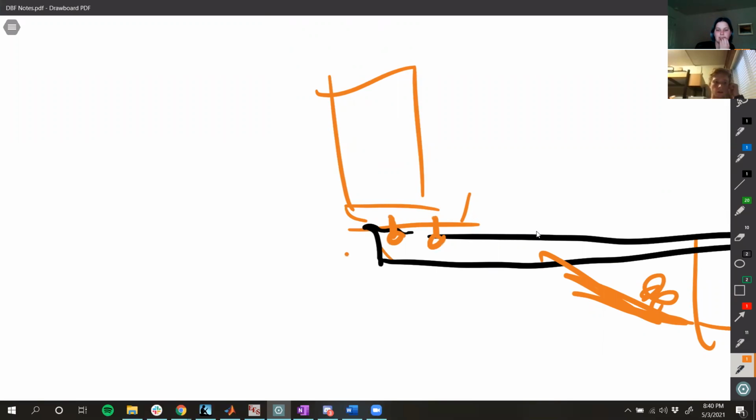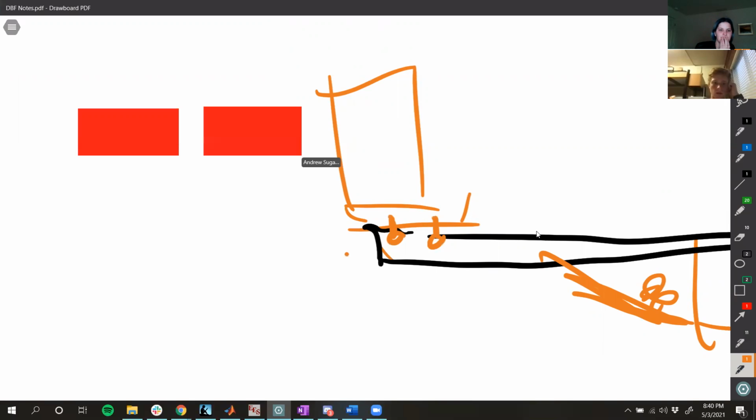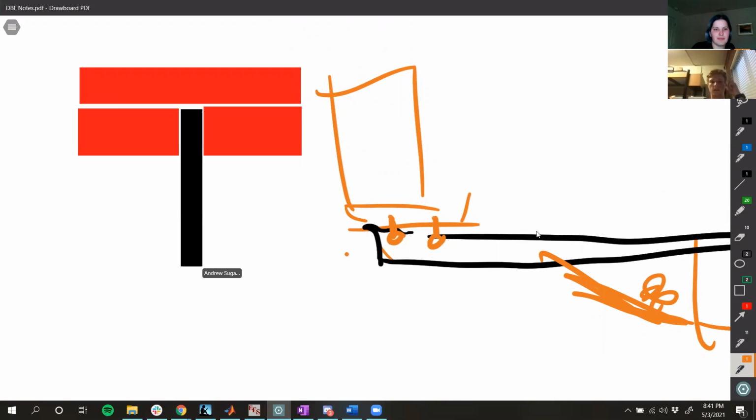That's one wing, the spar goes in the middle, and then we have our, what is that called? You know what I'm talking about, our elevator. Yeah. And so our spar is, oh, it's not a good color. So this would be our spar, and then this would be up here.